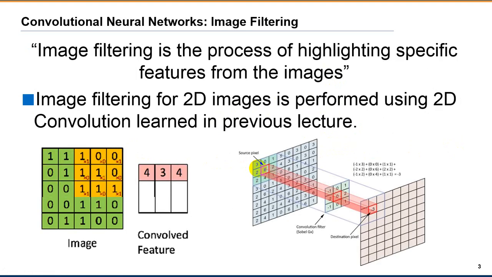So here is the image filtering example, or we can also say the basics of deep neural networks, in which we have a filter which is 0 1 0, 1 0 1, and 0 1 0. This has 5 ones and 4 zeros.